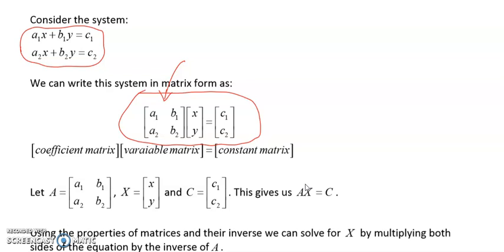You get its elements by looking at the coefficients of your x's and your y's in your equation. The second matrix is what we call the variable matrix, and that represents the x and the y that you're trying to calculate. That is your unknown. That's what you're trying to figure out. That's what you're trying to get by itself, just like you would try to get the variable in a linear equation by itself.